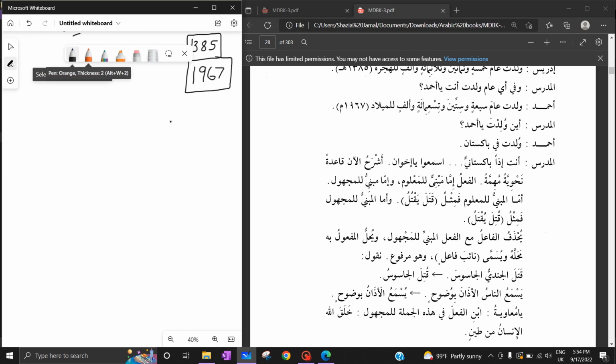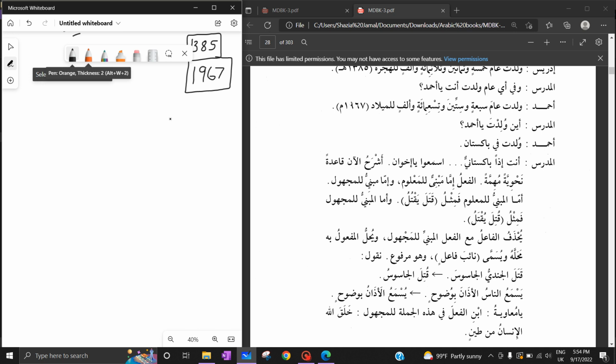A nisba shows that, like if I say I'm an Indian, then I'm from India, then I am Indian. I'm from Pakistan, then I am Pakistani. And if I am from Sudan, it's Sudani. So that's how in Arabic also you say nisba. Nisba is actually like a sifa.